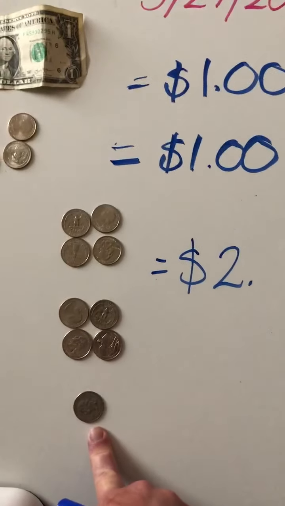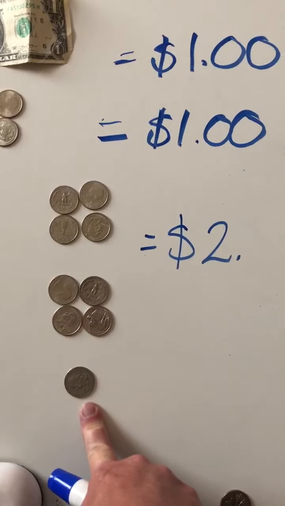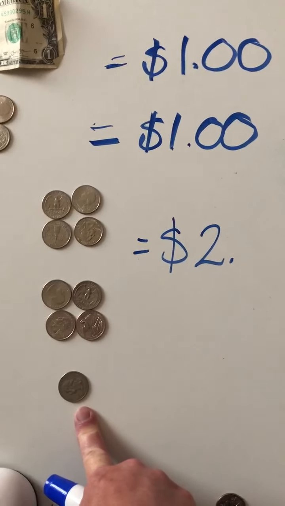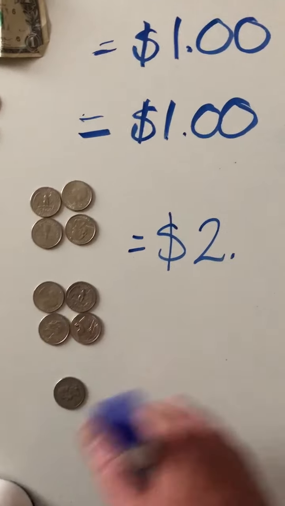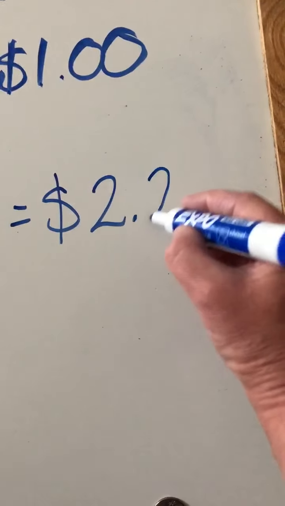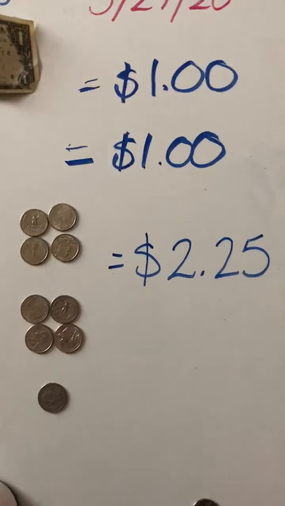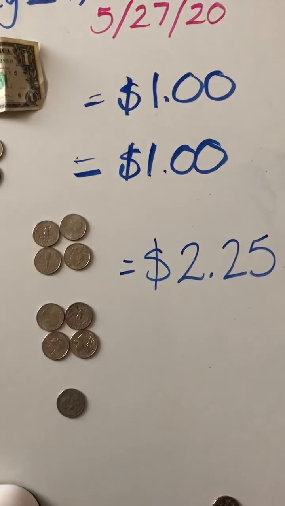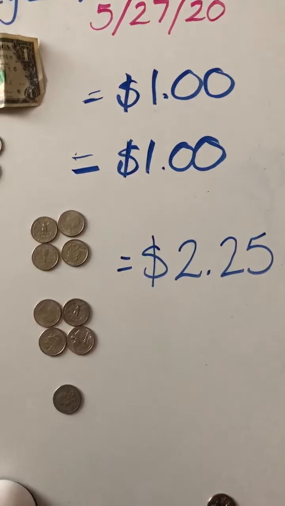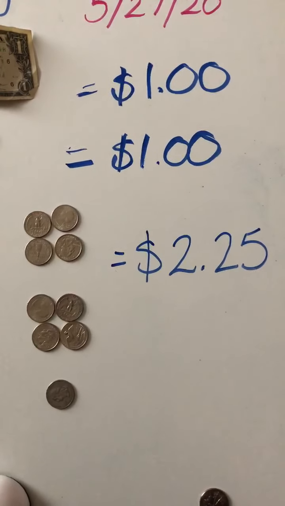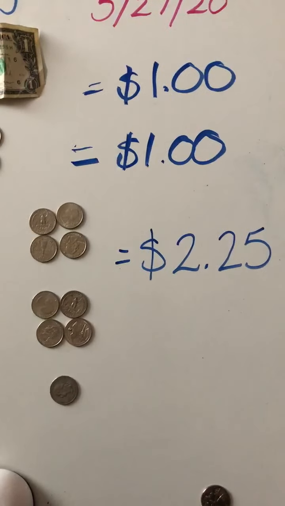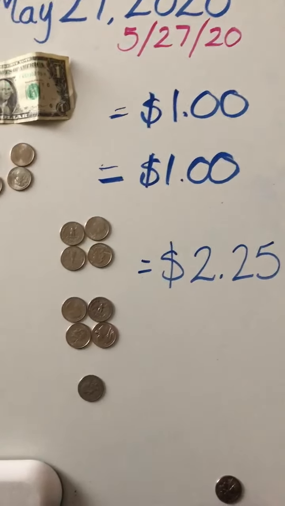And then how many cents do I have left? 25, right? So how much money is 9 quarters? It is $2.25. And so you can add lots of quarters this way. You can group them together in 4s, figure out how many dollars you have, and then add the cents that are left. Or of course, you can count by 25s.